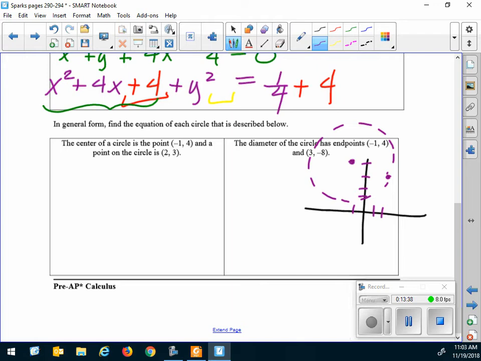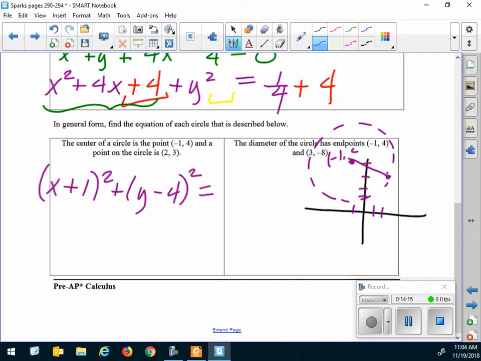Now, you got to start by writing it in what they call center radius form. What's going to go in those parentheses? X plus 1 and y minus 4. How do I find the radius? I got to find the distance between those 2 points.